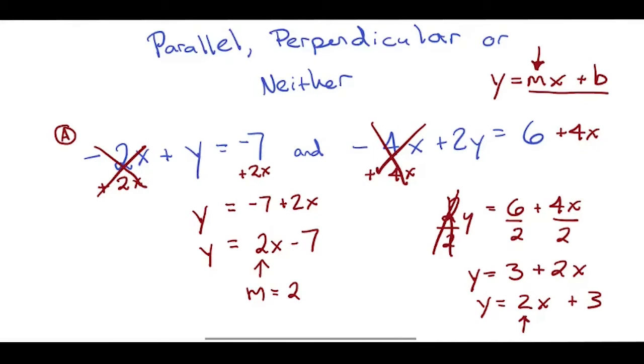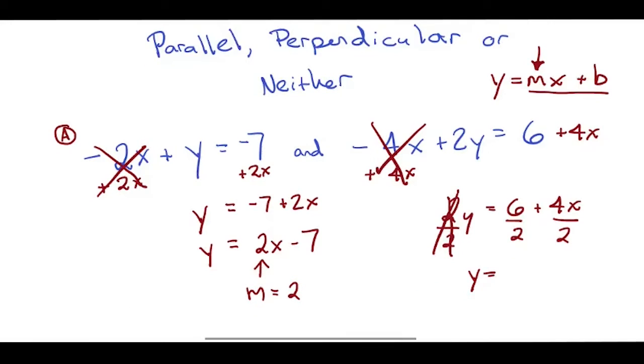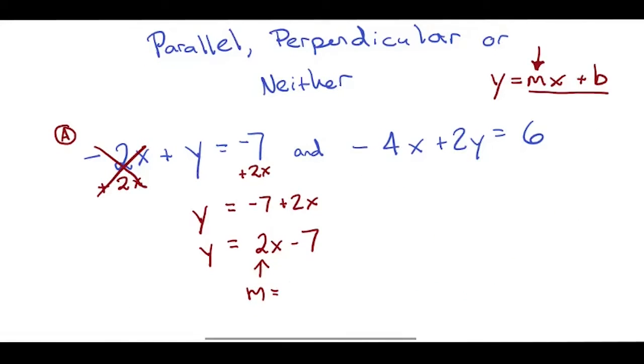So on this one, m equals 2, and on this one, m equals 2. If you have two lines that have the same slope, those lines are parallel. So these two lines will be parallel.